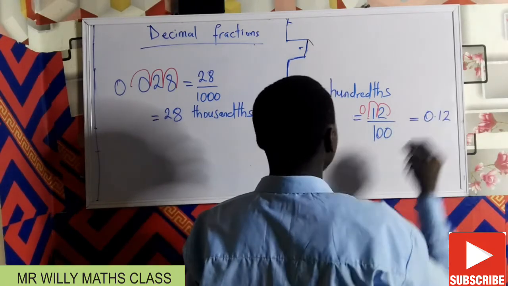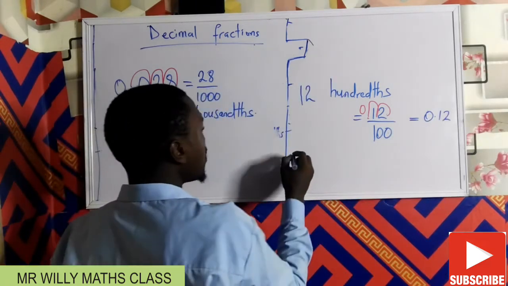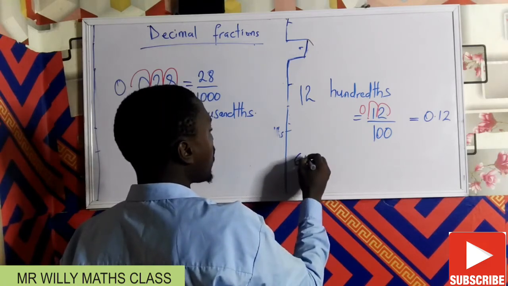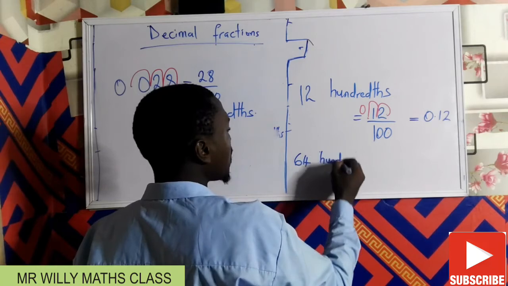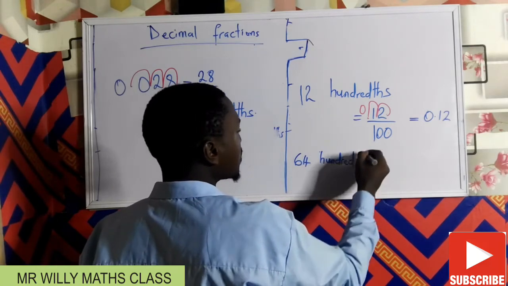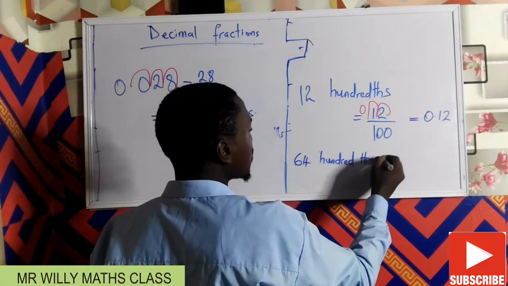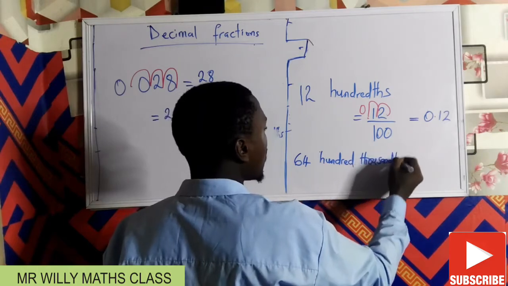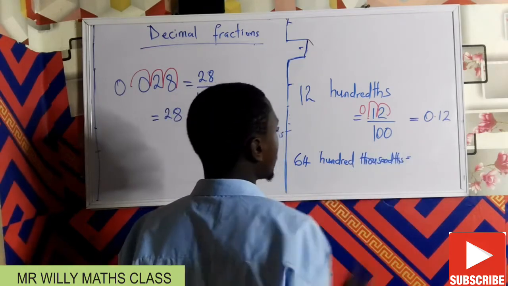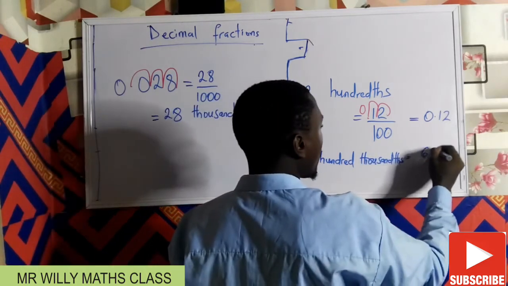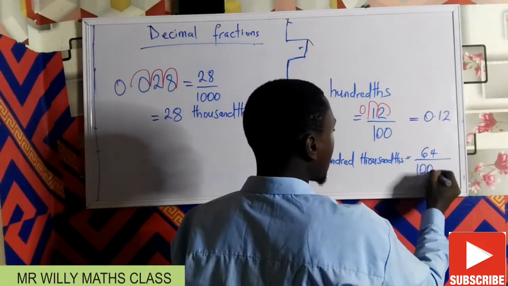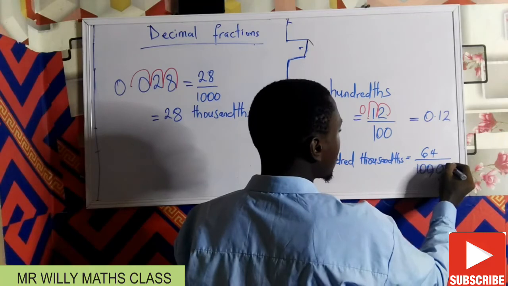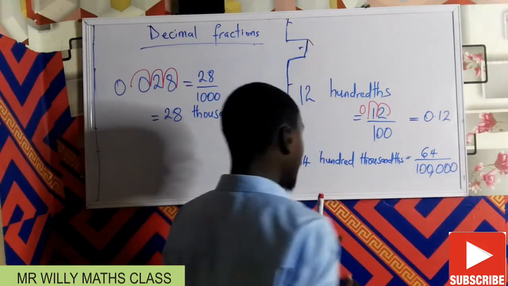So your answer will be 0.12. What if you have 61 hundred-thousandths? That will be 61 over 100,000. So you count the number of zeros.